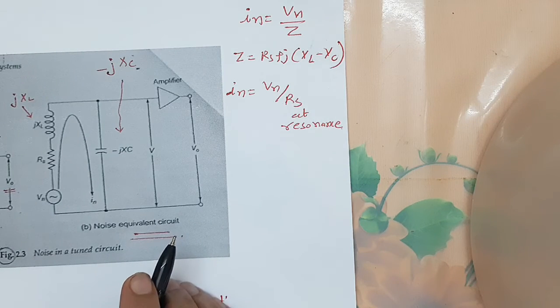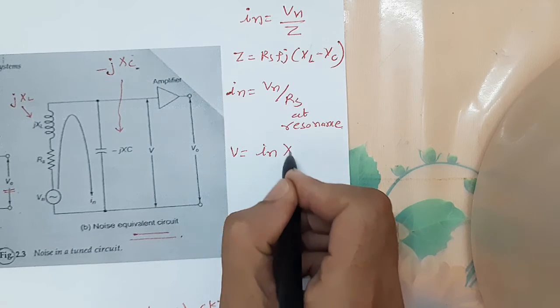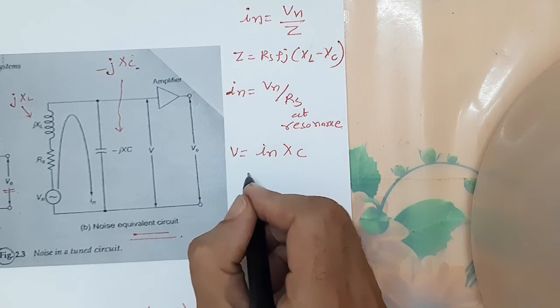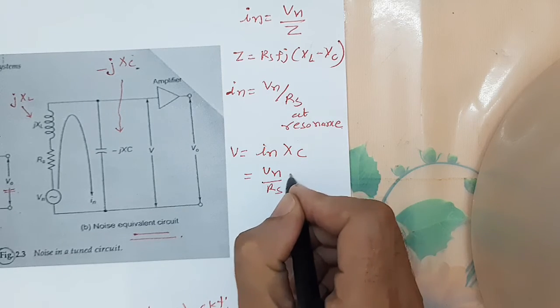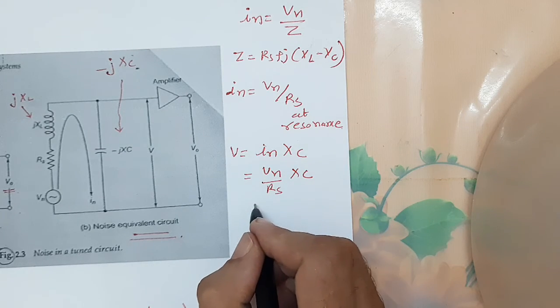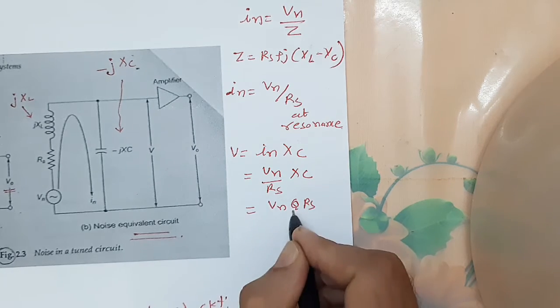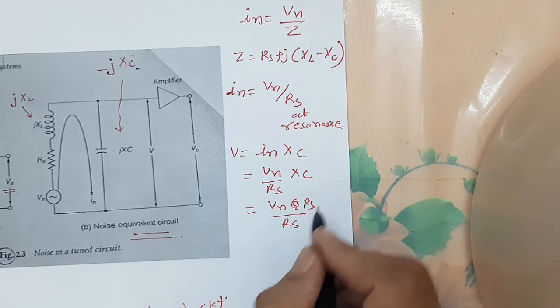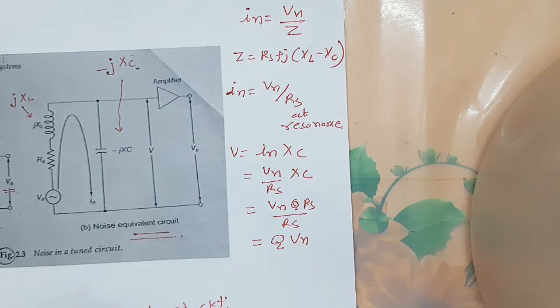So the magnitude of the voltage appearing across the capacitor due to Vn will be V is equal to IN times XC, that is equal to Vn upon Rs into XC. This is equal to Vn Q Rs upon Rs, and this is equal to Q Vn.